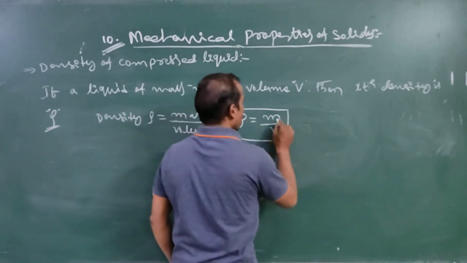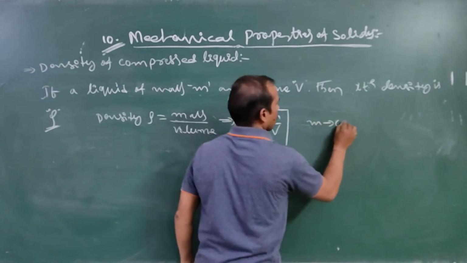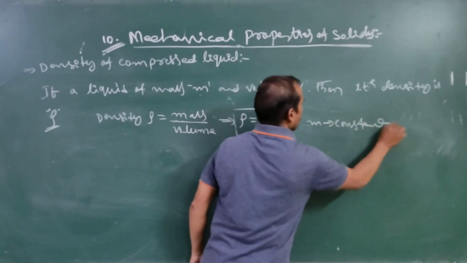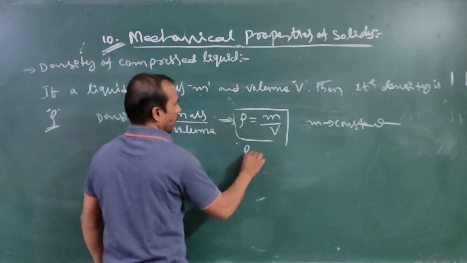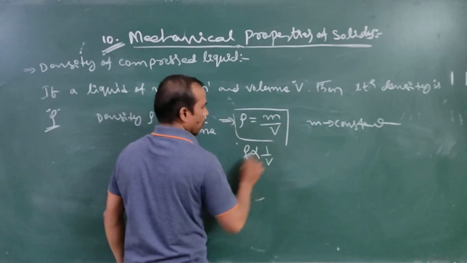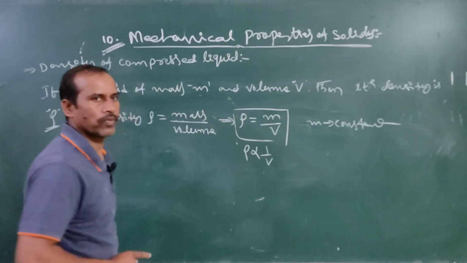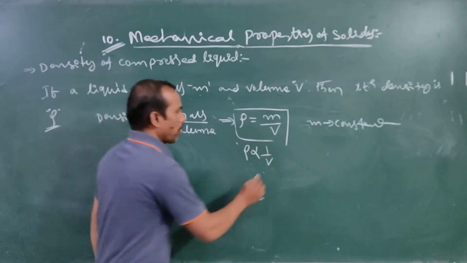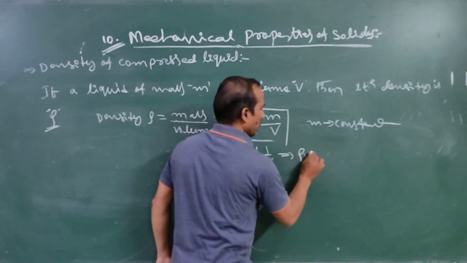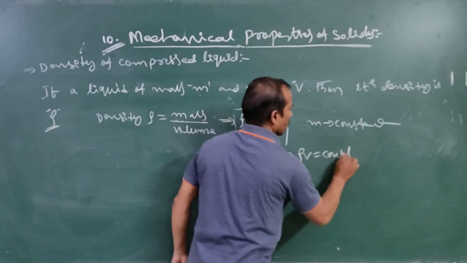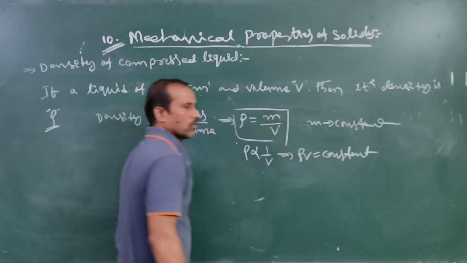So M is constant, and rho is inversely proportional to 1 by V, which simplifies to rho V equal to constant.